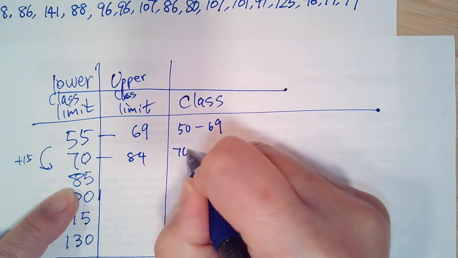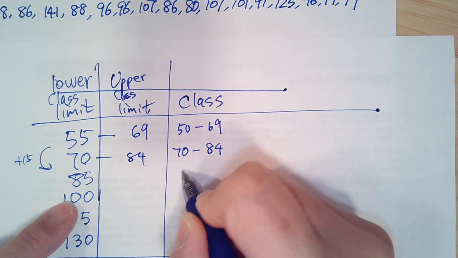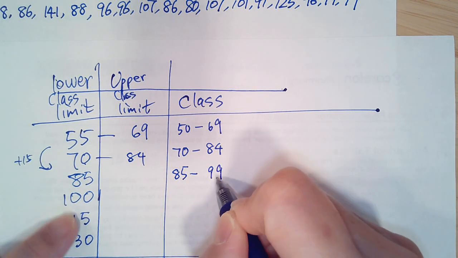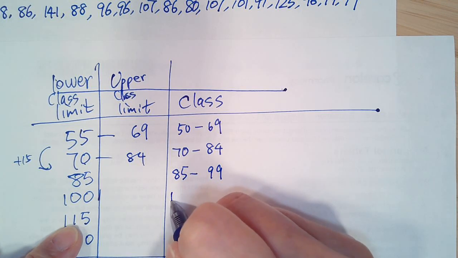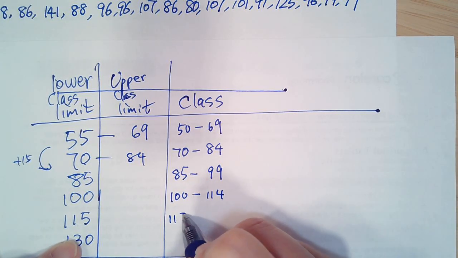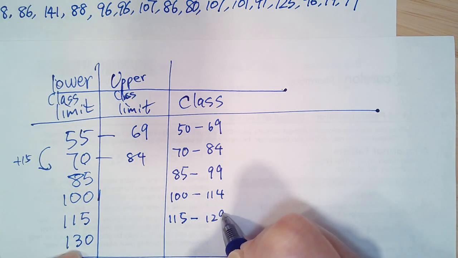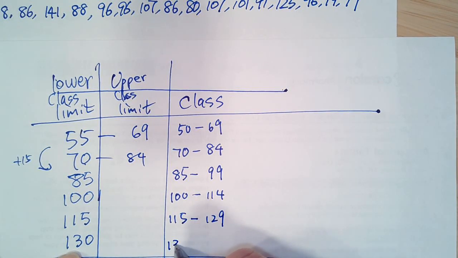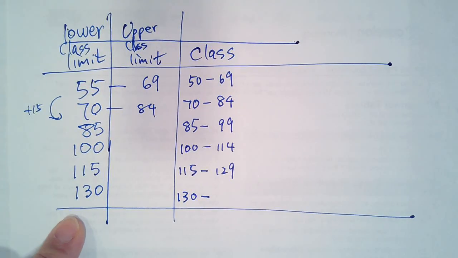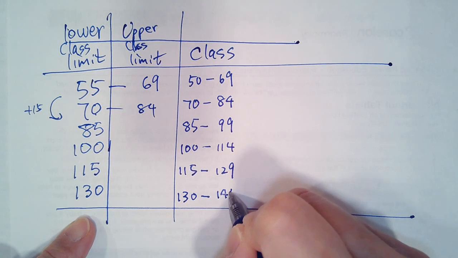So 70 to 84, and then 85 to 99, then 100 to 114, and then 115 to 129. Now 130 to, if you had another class it would start at 145, but you don't have it, so that will be 144. You see what I'm doing here?